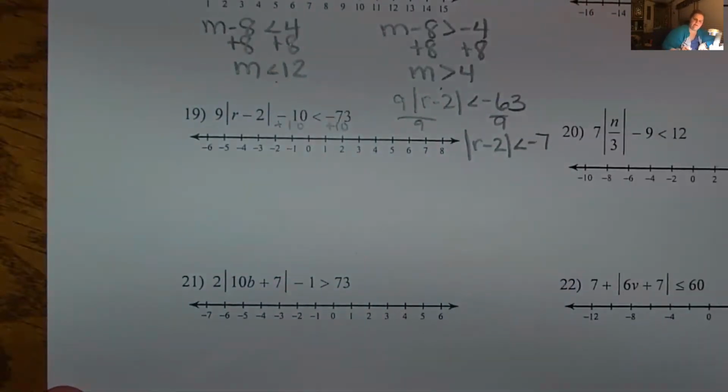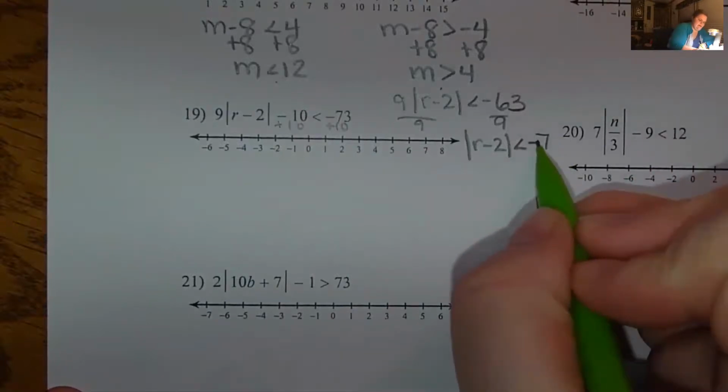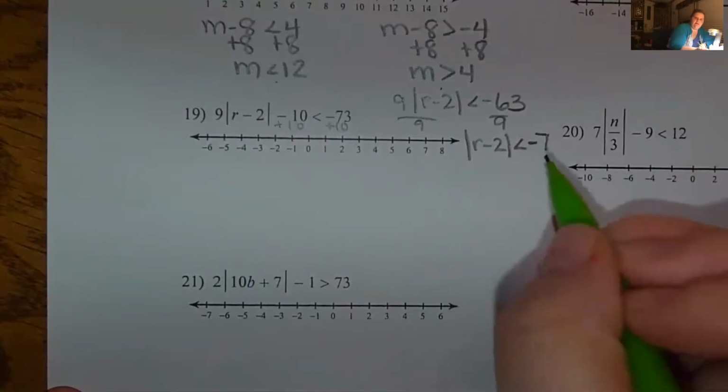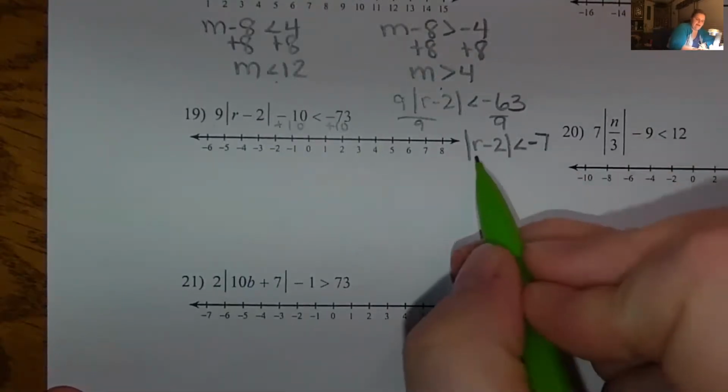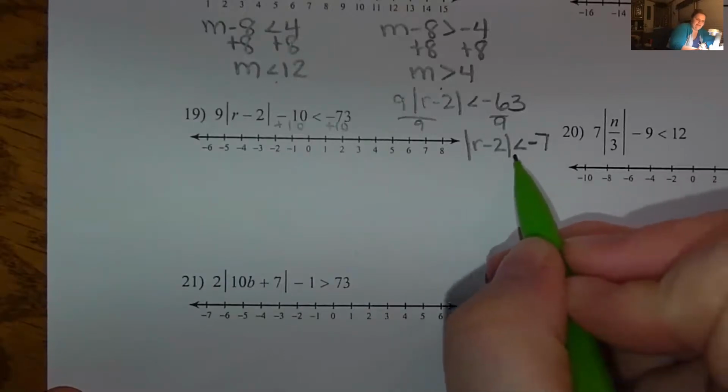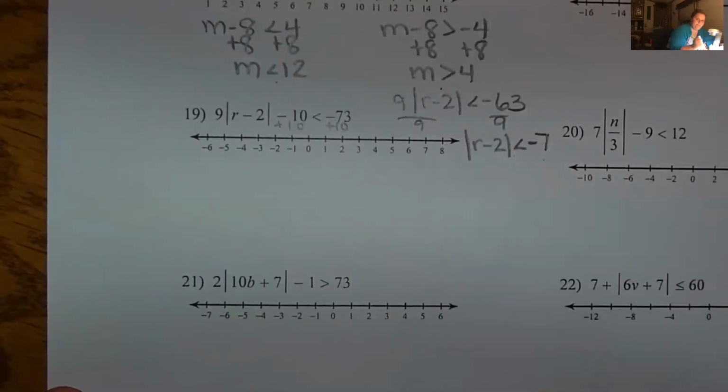Okay. Well, never had this issue yet, have we? We've never had a negative when we start. So I'm going to read this to you. An absolute value is less than a -7. Does that make sense? Would a distance ever be less than a negative number?